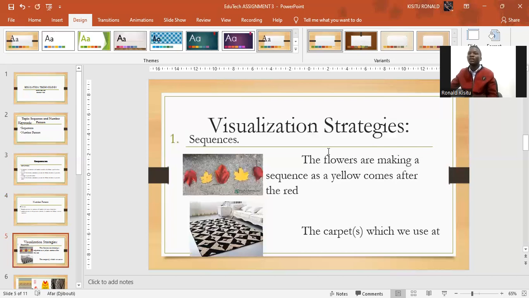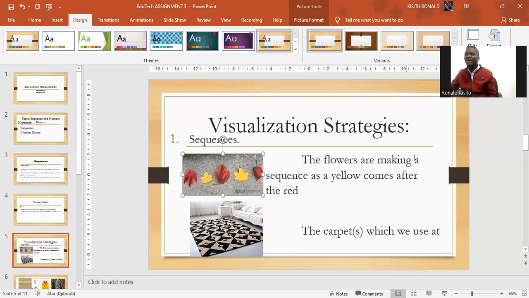Now, visualization strategies, number one, sequence. If a learner looks at this picture, it has a flower which is red and another one which is yellow.